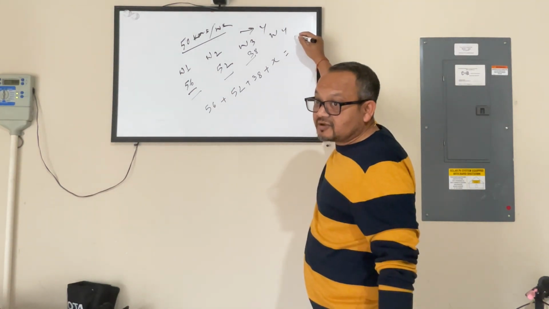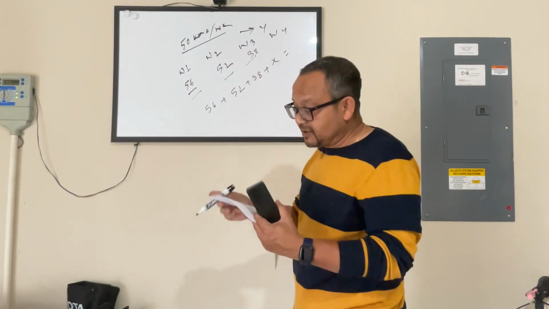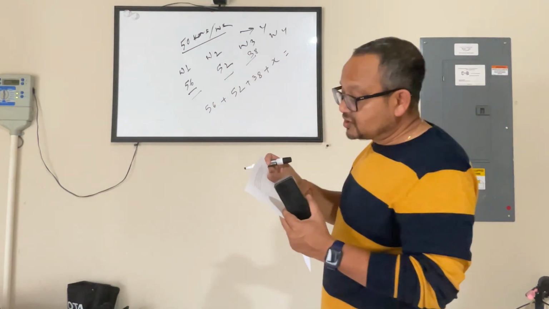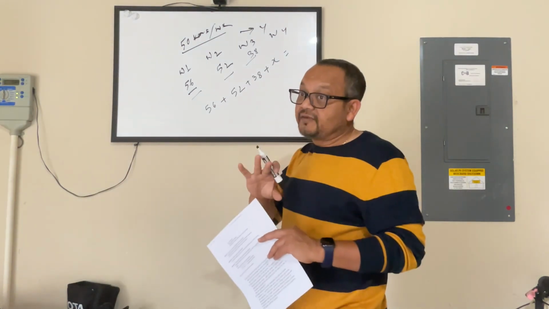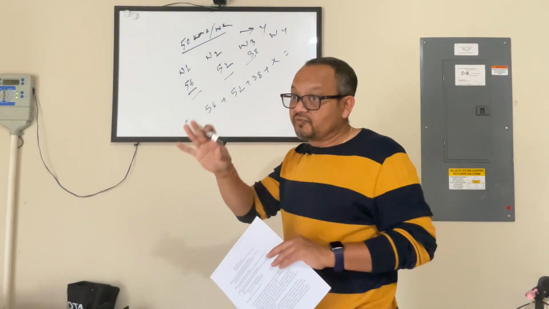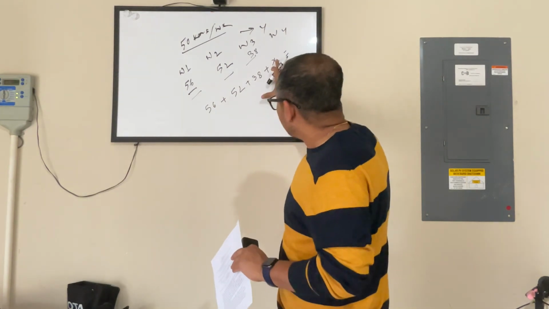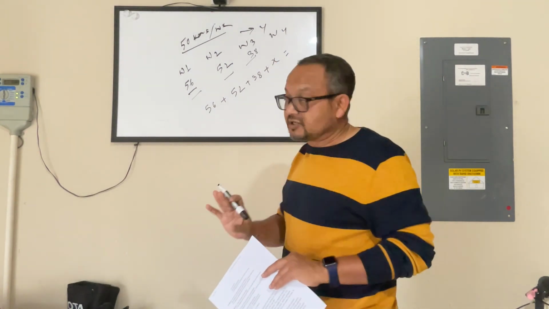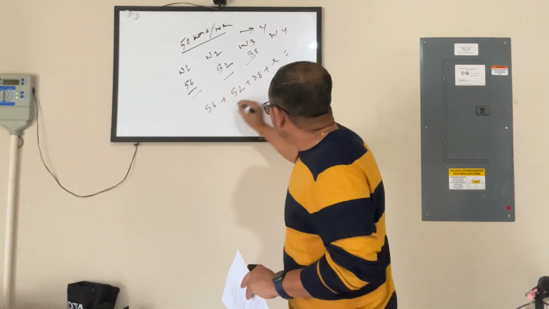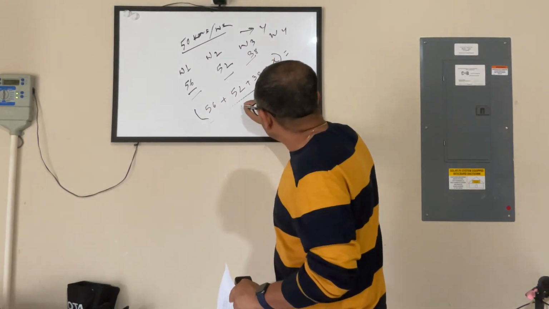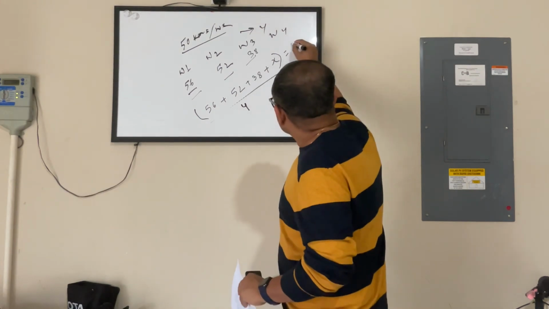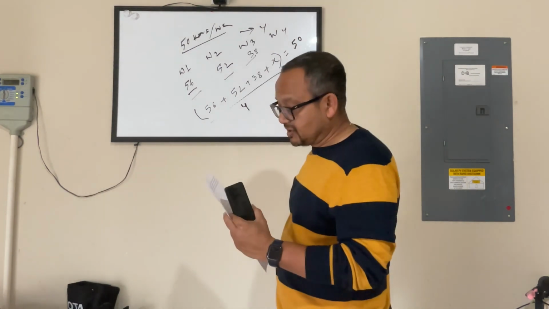Let me read the question one more time. Christian's goal is to walk an average of 50 kilometers a week for 4 weeks. If I take the 4 weeks average, that has to be 50 kilometers. So if you sum it up and then divide by 4, that has to be 50.